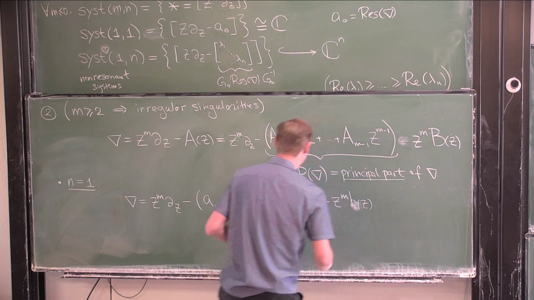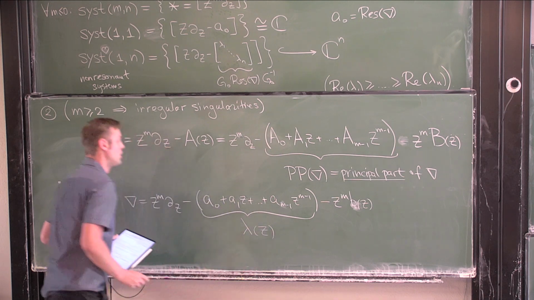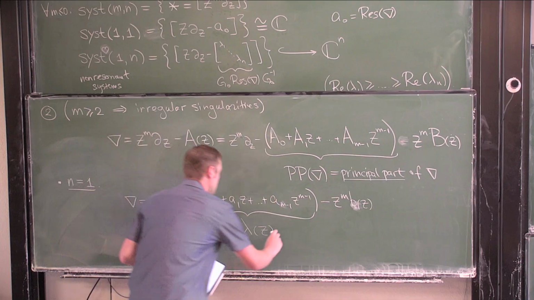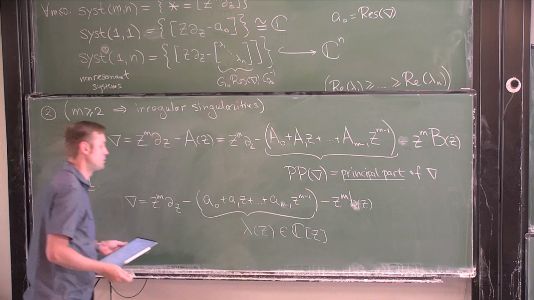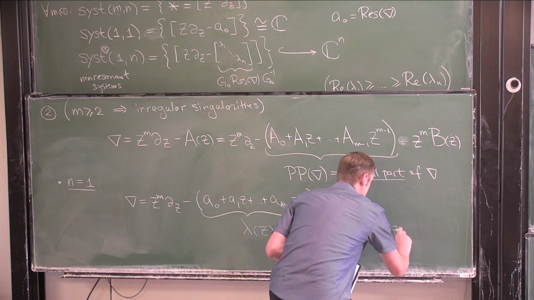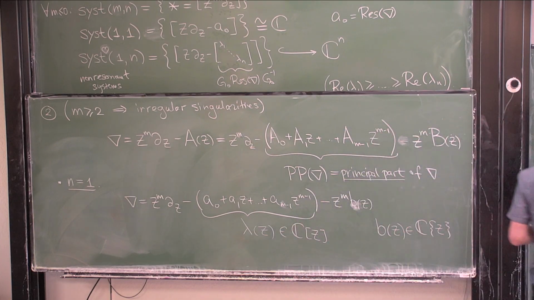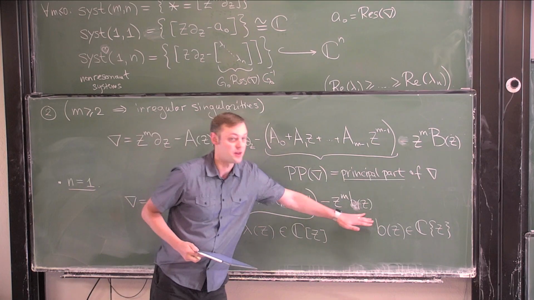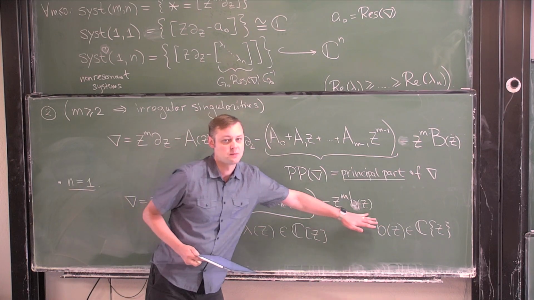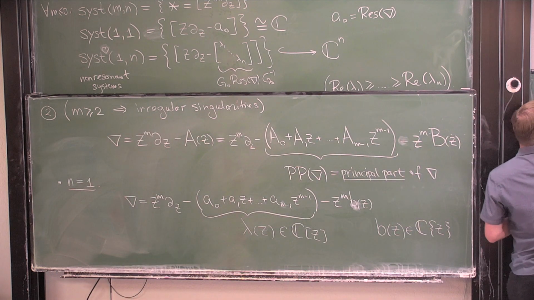This part I'll denote by lambda of z. This is literally a polynomial in z of degree m minus 1. And B of z is some convergent power series in z. And what I claim is that I can always remove this high order part by gauge transformation. So let's see how this goes.